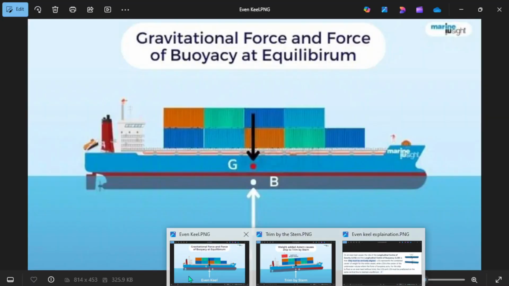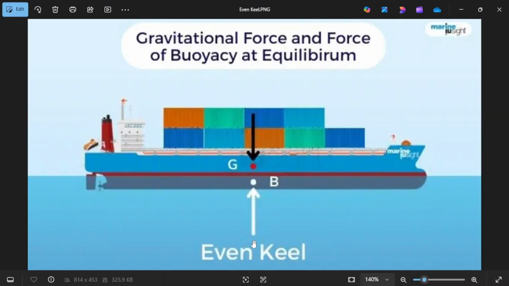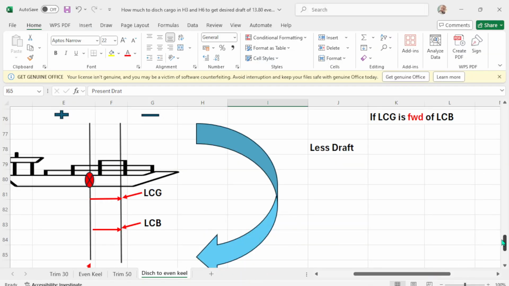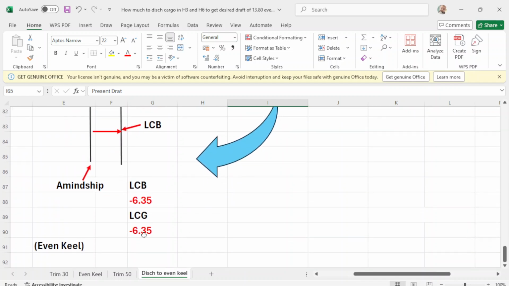See, the buoyancy here pulls the vessel upward, and your gravity pulls the vessel downwards. So they are in one line. If they are in one line, their values of LCG and LCB should be the same, negative 6.35 and negative 6.35, because they are in one line.